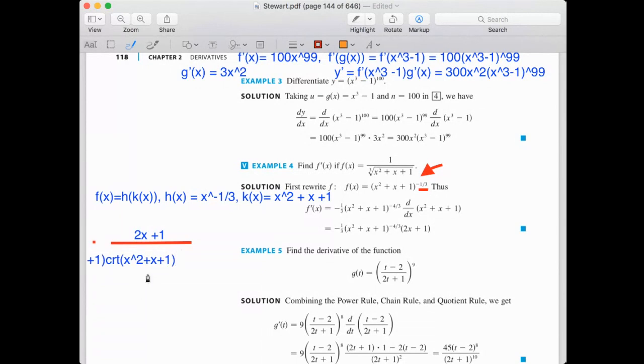So this would be a perfect answer for that. Because usually when we see an expression raised to a negative fraction, we treat it as not simplified. So this would be the simplified version of that.